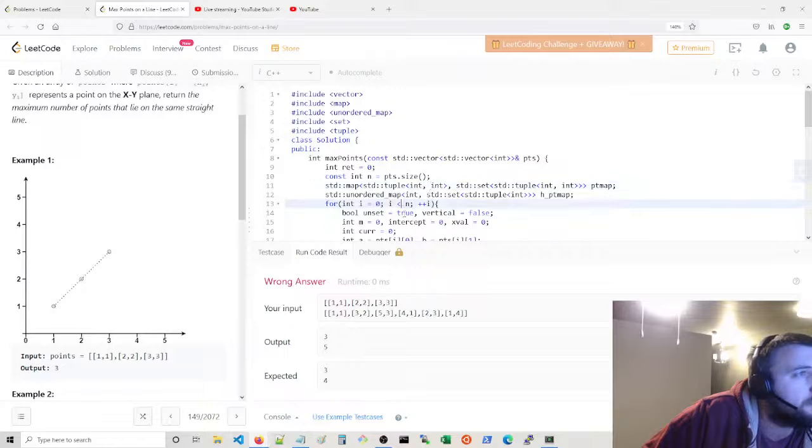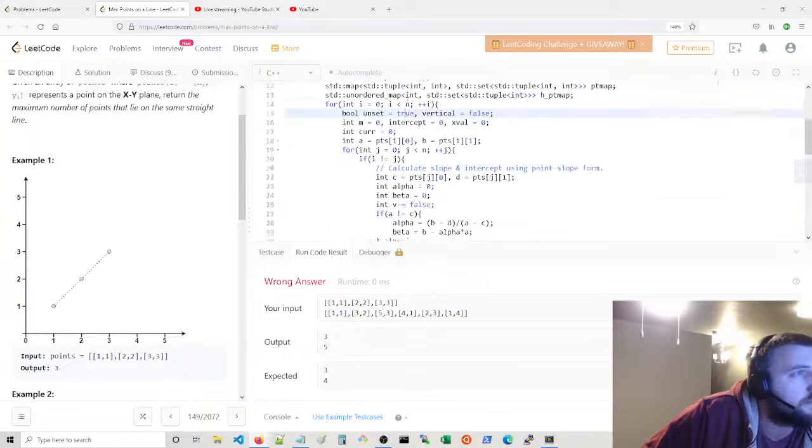And what we're going to do is this code's a lot simpler.